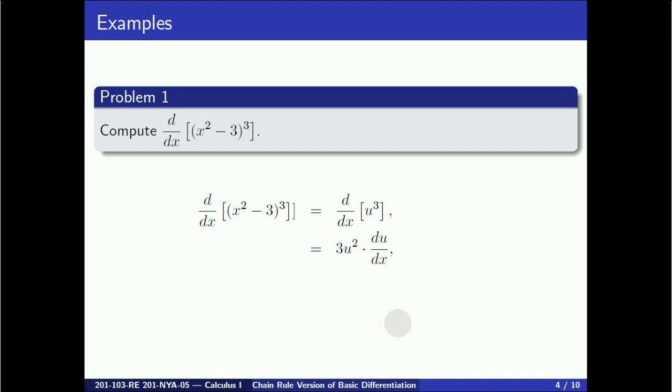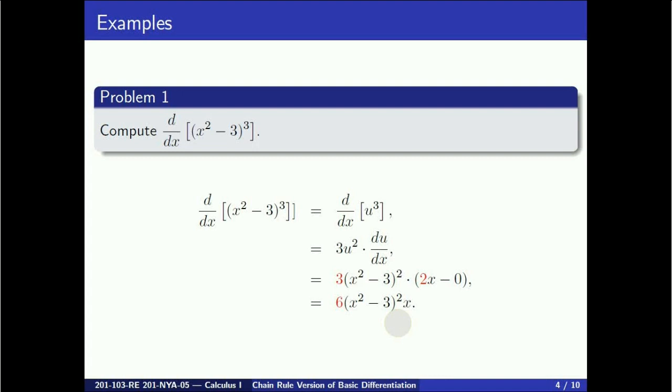Replacing u by x squared minus 3, the first term gives 3 times (x squared minus 3), all of that squared. And then du dx is the derivative of x squared minus 3, so the second term gives 2x minus 0. We can regroup the factors 3 and 2 together to get a factor of 6, and the derivative obtained is 6 times (x squared minus 3) squared times x.